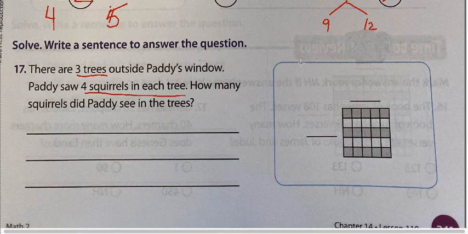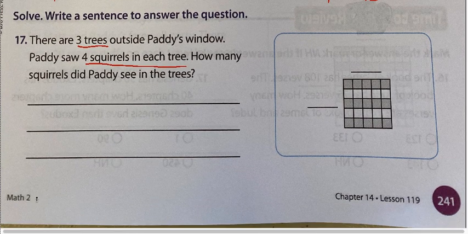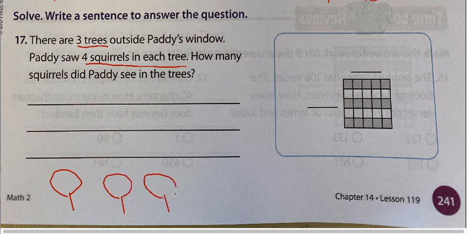So you can do a drawing. I like to do a drawing better. So we can do this, this is my tree. 1, 2, 3. We're going to use this eventually, but I just want to show it to you. So we have 3 trees, and how many squirrels do we have in each tree? We have 4.